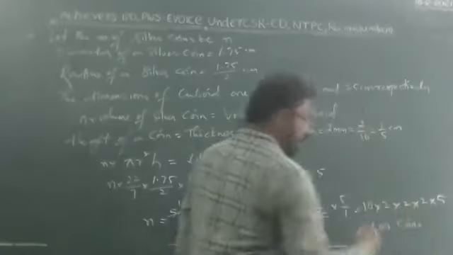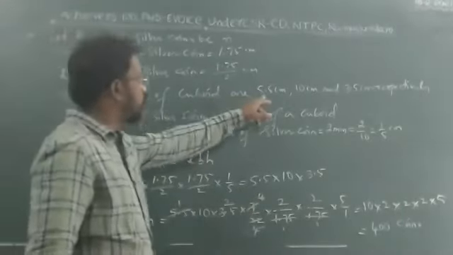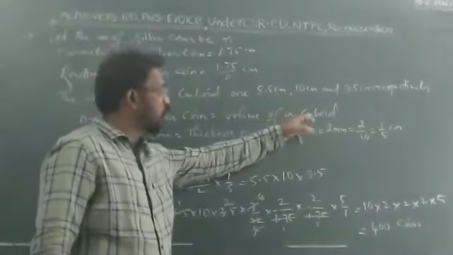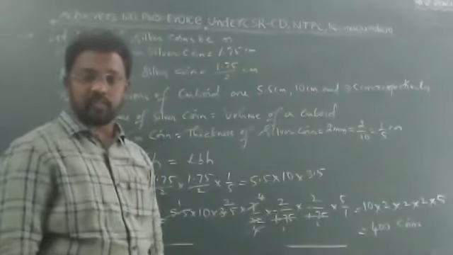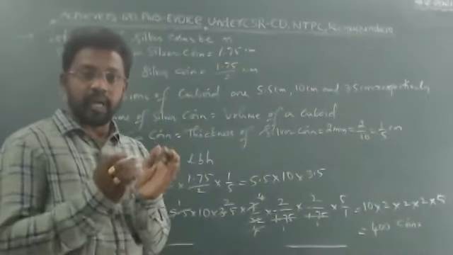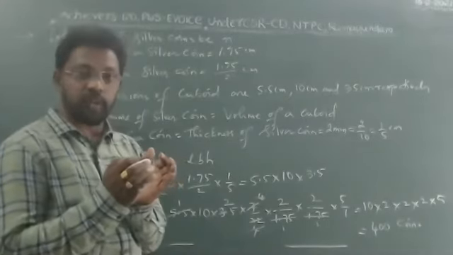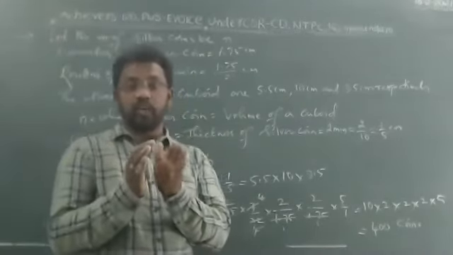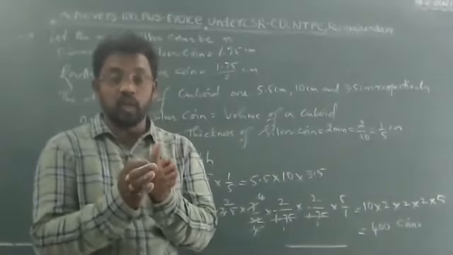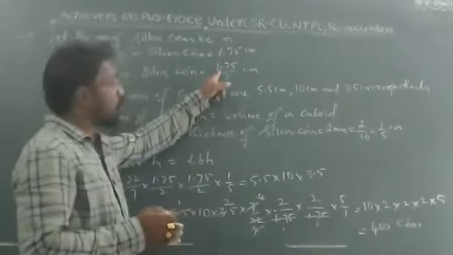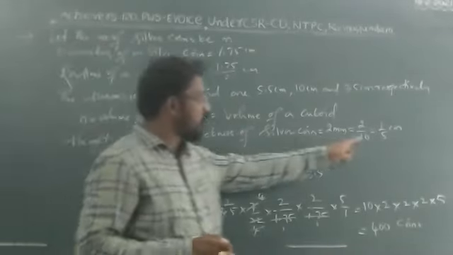400 silver coins. That is what you get when you recast the cuboid of dimensions 5.5, 10 and 3.5 centimeters into silver coins with radius 1.75 by 2 and height, nothing but thickness, 1 by 5.